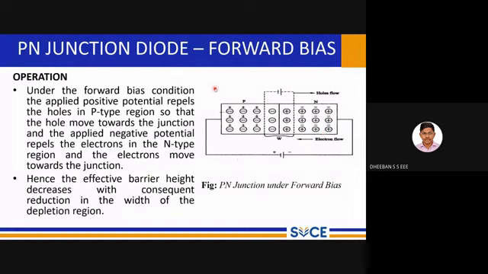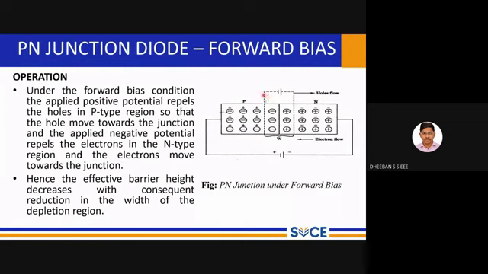Under forward bias condition, the applied positive potential repels. This is the positive potential, so it repels all the holes in the P type. These holes will be repelled towards this depletion layer, and the electrons over here will be absorbed by the holes, and the depletion layer will slowly decrease.